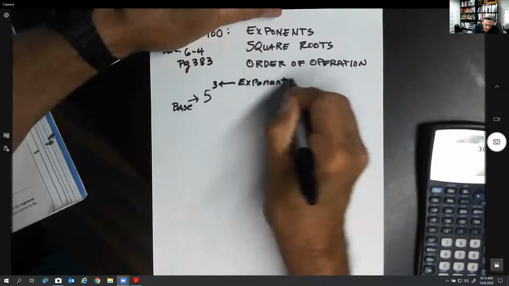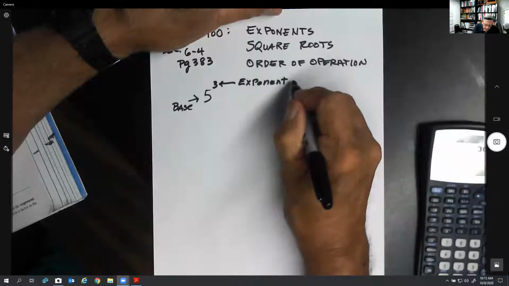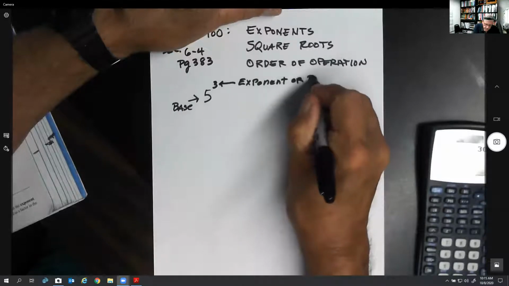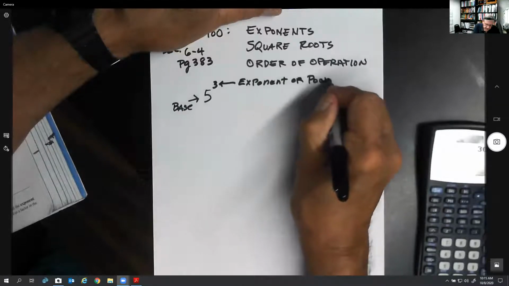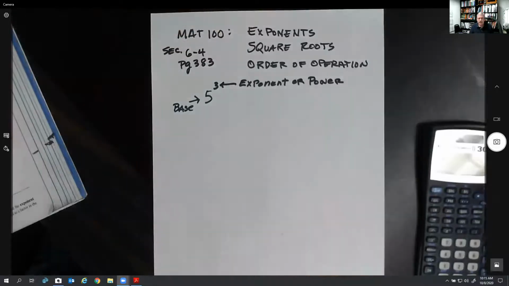Sometimes we refer to it as the power. They both mean the same thing. So you have a base and you have an exponent.